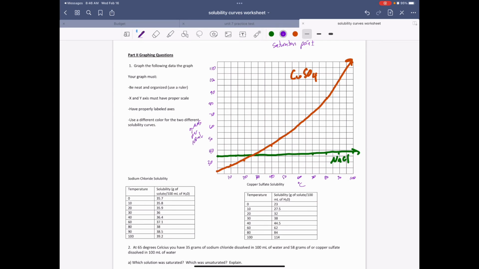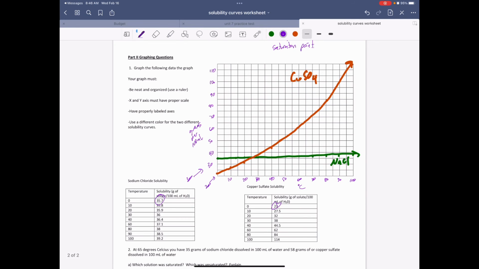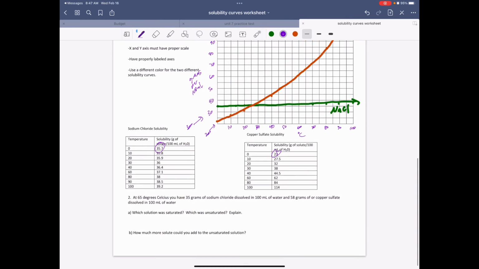I started my graph at 30 just because the lowest value was 35.7 or 23. So technically right there would be 20, and up there is 30. You don't have to start your graphs at 0, but I wanted to make sure I was able to fit this data point on the graph. Anyways, that's why it looks the way it looks.